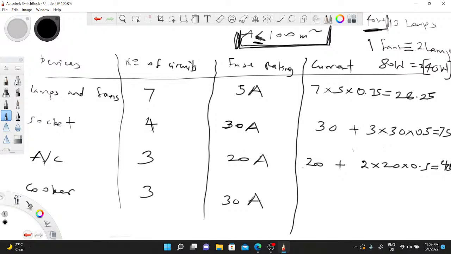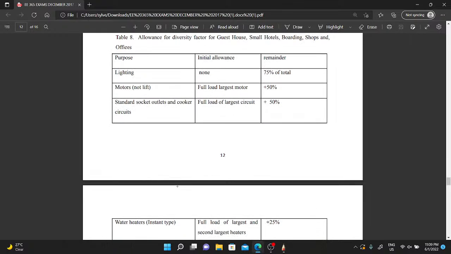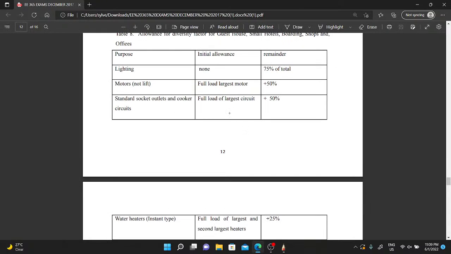Now for the cooker, let's see cooker. Same, full load for largest, 50% for remainder.